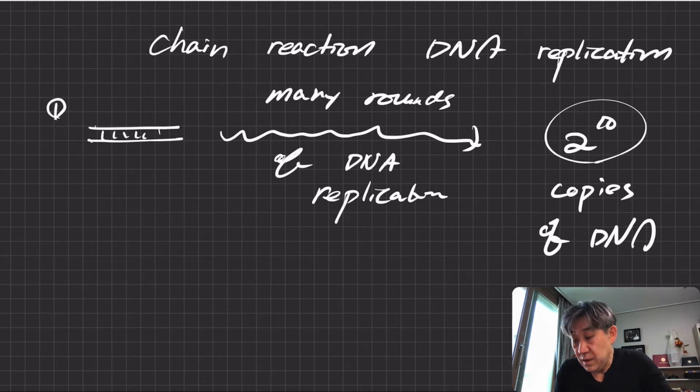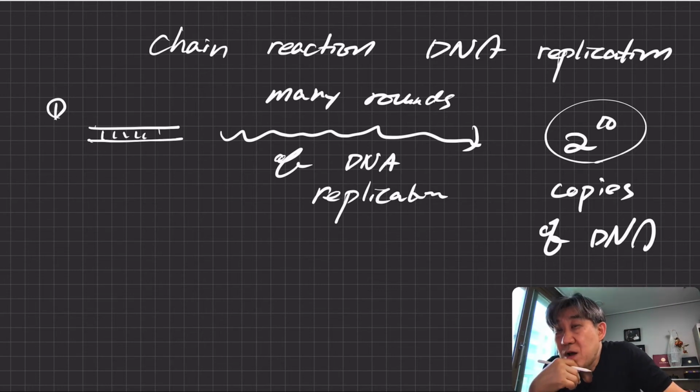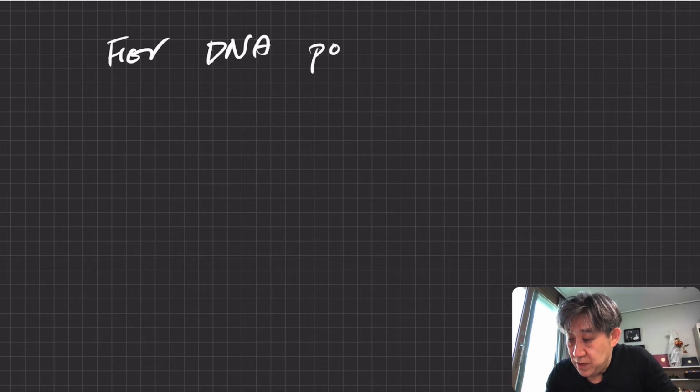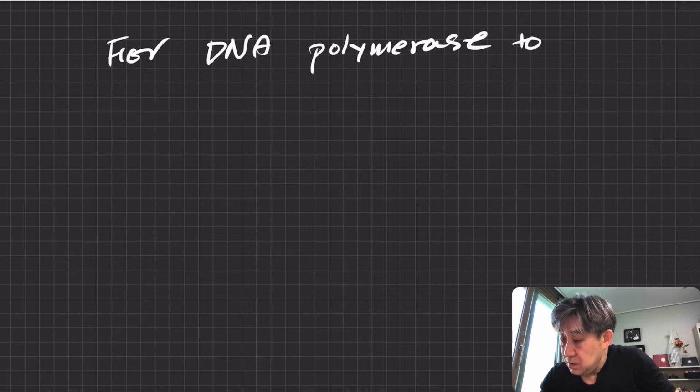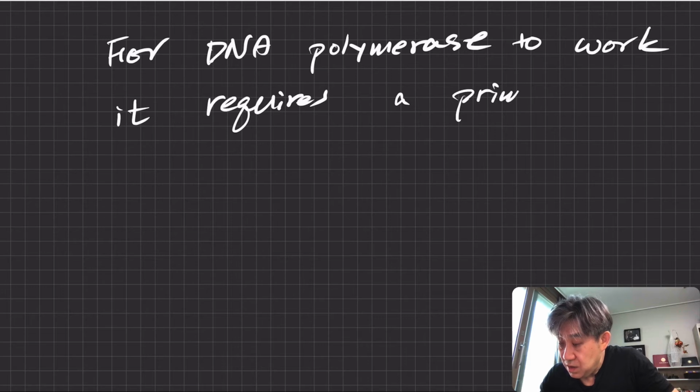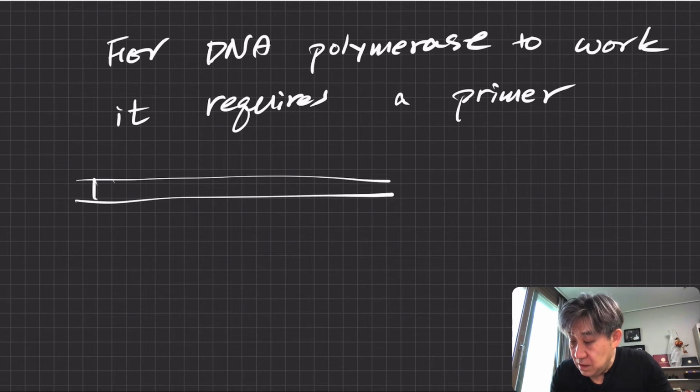For example, okay. But for DNA replication, for DNA polymerase to work, it requires a primer. What it means is, let's say you want to duplicate this.